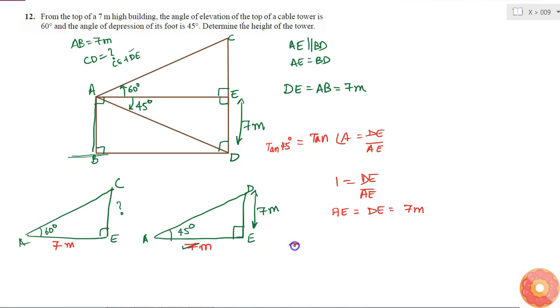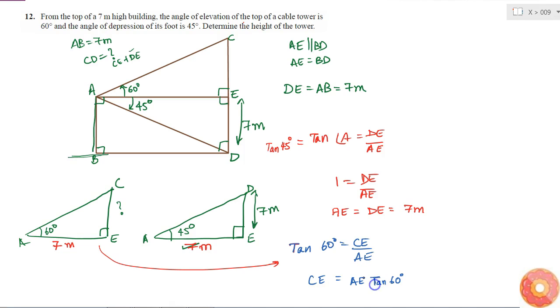So if I apply the trigonometric ratio in this triangle now, I will get tan 60 degrees, that is tan of this angle, is equal to CE by AE. This means that CE is equal to AE into tan 60 degrees.